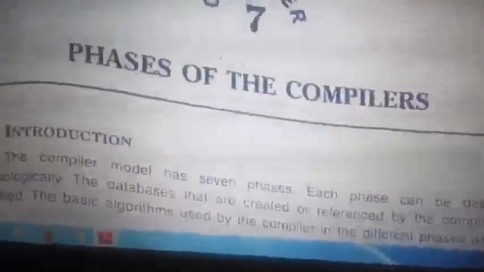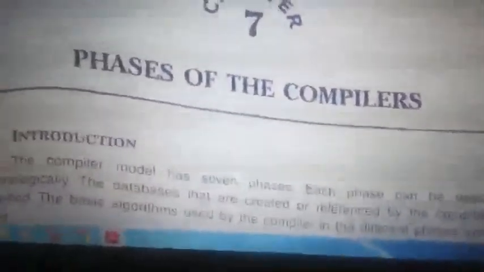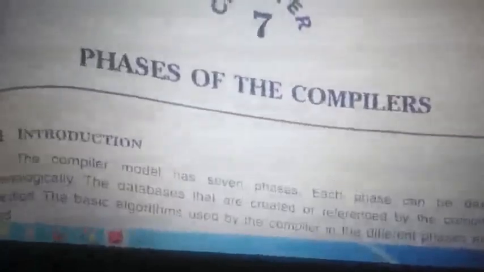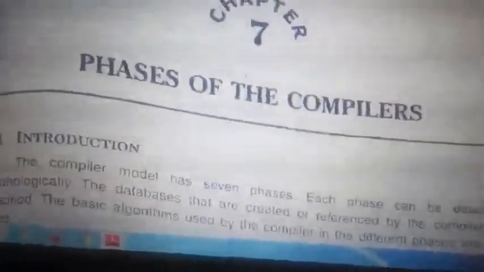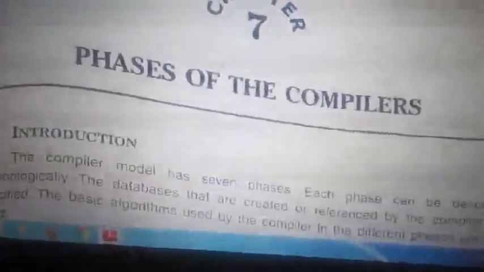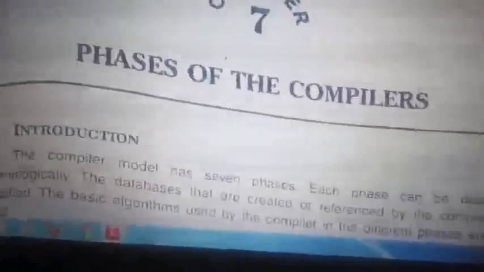So totally in a compiler there are 7 phases, which we already discussed in the last unit.